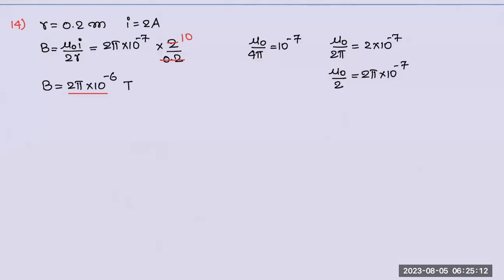Right. Question number 15, I'll give you the key. 15, 16, 17, I'll give you the key, and the entire 18 also I'll give you the key. Go ahead. So I recommend like this: don't solve anything up to 17. The 18th one, randomly you take it.